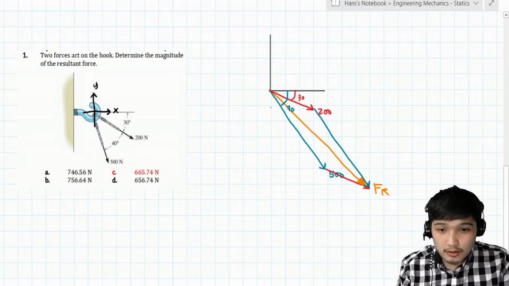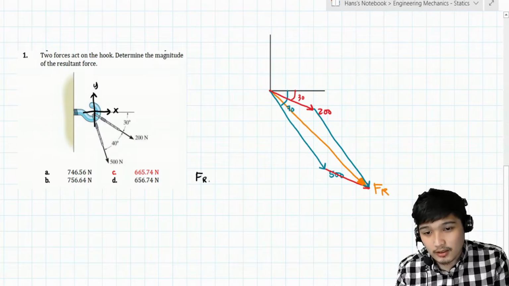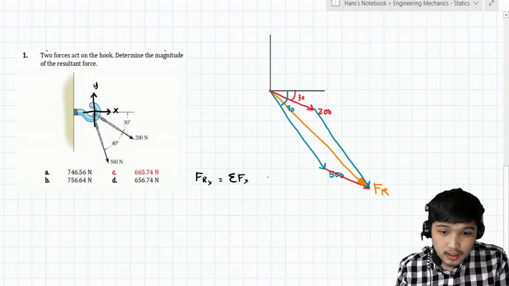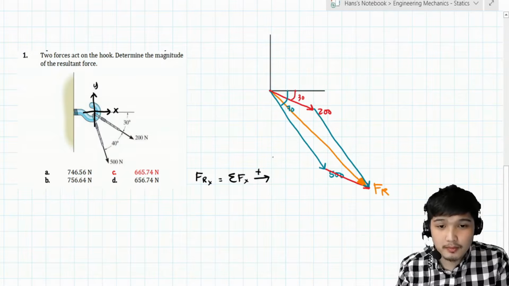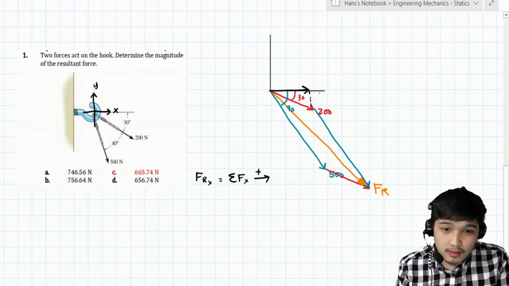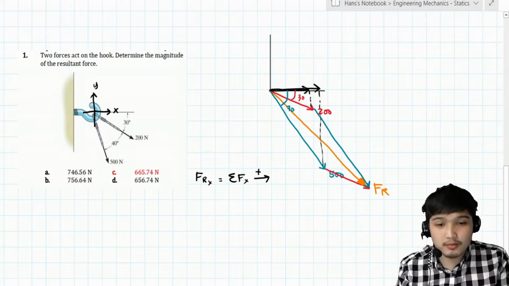So, kung gusto natin kunin yung horizontal component ng resultant, FR sub X, that is just the summation ng lahat ng forces along X. So, consider natin class forces to the right, positive. Okay, itong 200 Newton force, meron siyang horizontal component. And then, itong 500 Newton force, meron din siyang horizontal component.